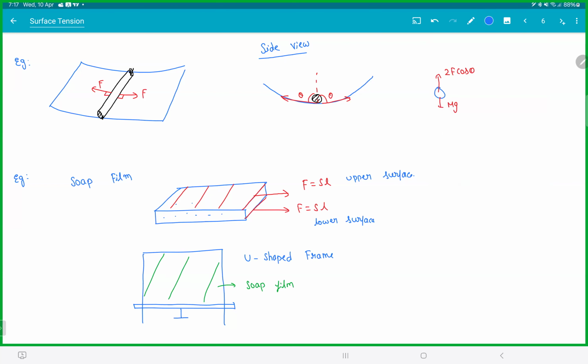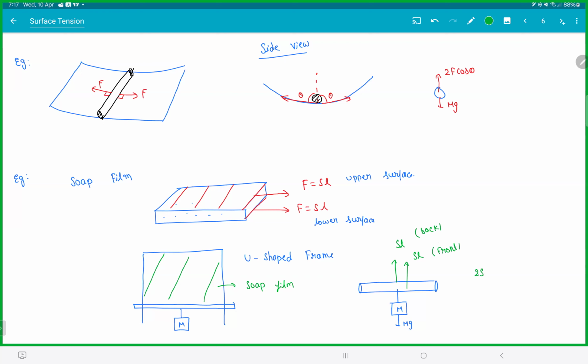And if you have a block of mass M here, if I draw the FBD of this rod, you will notice there's an mg here. There are two surfaces here. There is one surface at the back, which is S into L, and there is one surface on the front, which is S into L. This is the front surface.